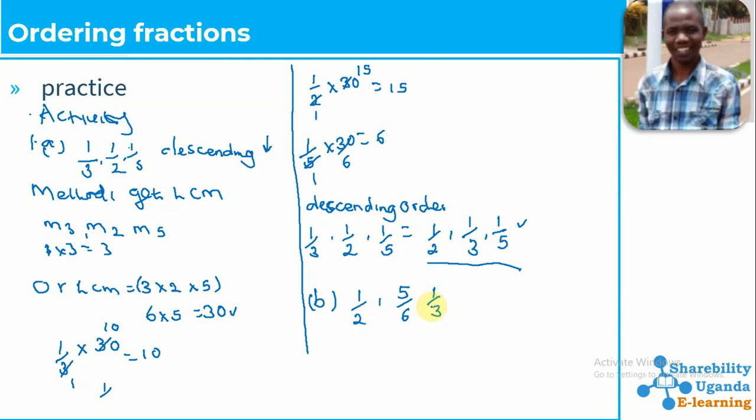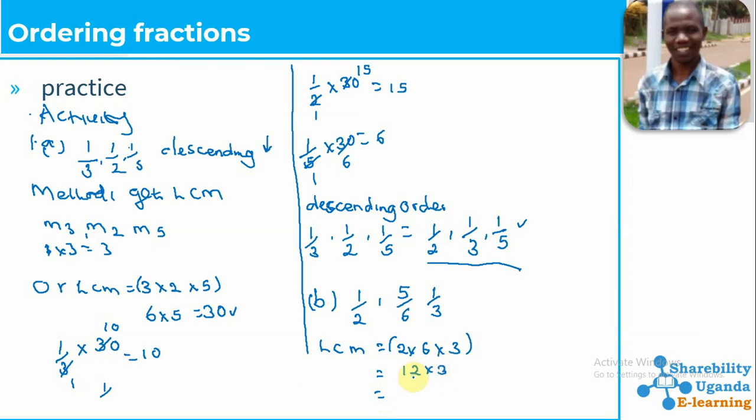We can look out for the lowest common multiple, which is going to be equal to 2 times 6 times 3. We get the product here. What is 2 times 6? We have 12. 12 times 3.